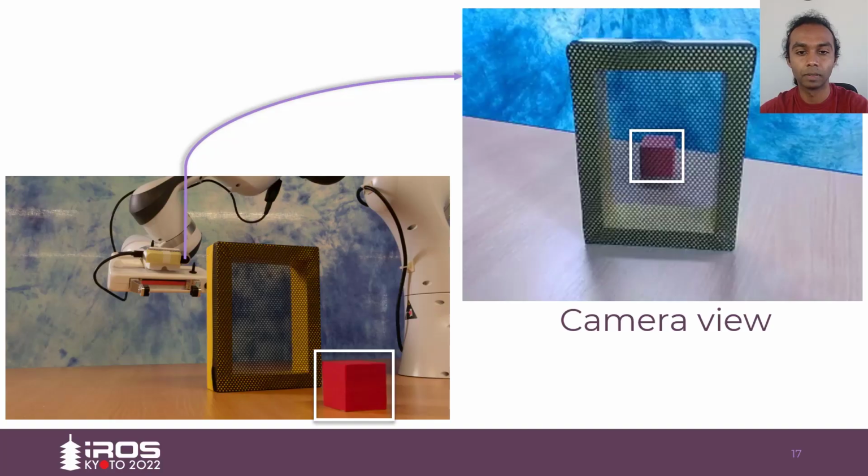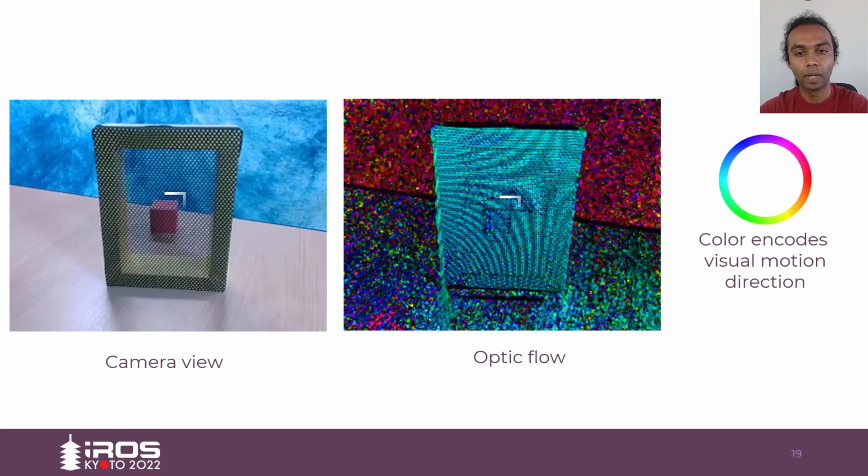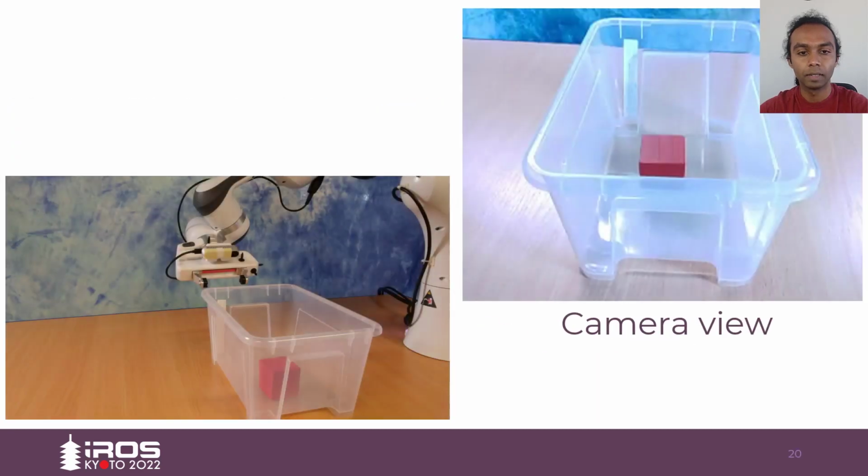Now, let's see how this works on the robot from earlier. For this, we make use of optic flow, whose direction is indicated by colors. So, for example, rightward motion is red, bottom left is green, and so on. When fixating on the red object, all objects in front move in the opposite direction as all objects behind the target object. Or consider this situation with a translucent obstacle.